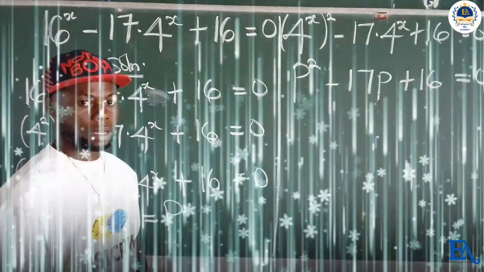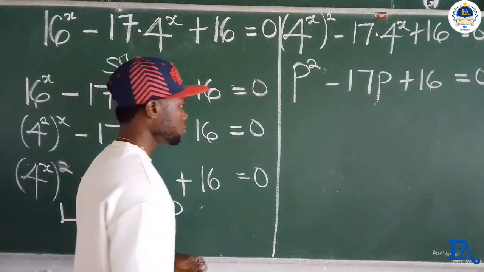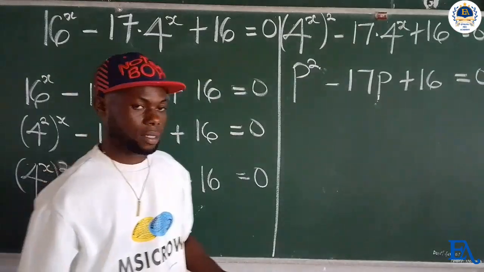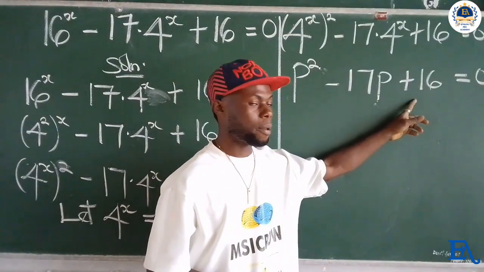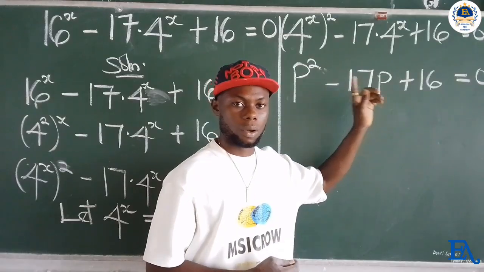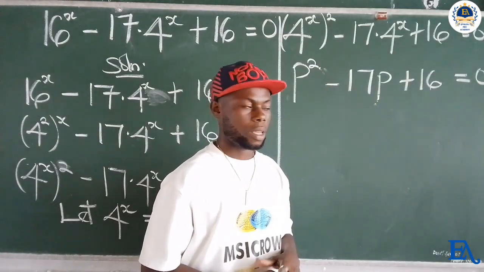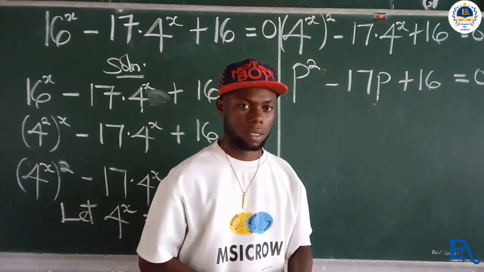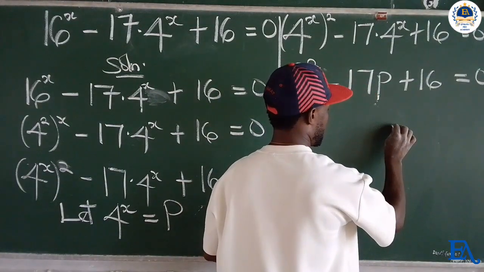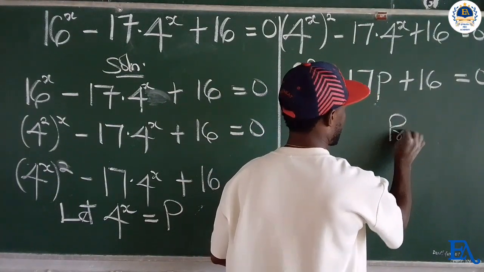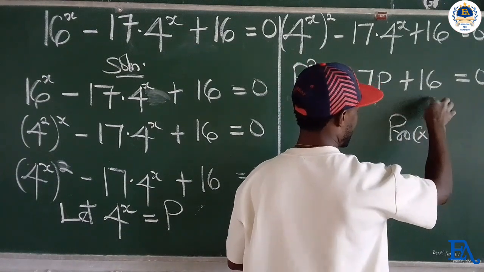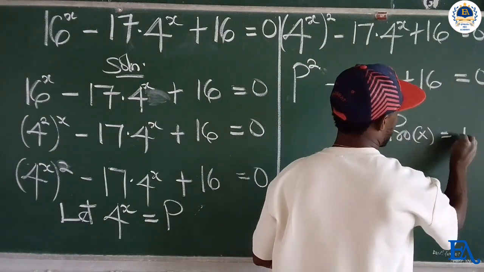Now, using the factorization method, the coefficient of P squared is 1 and the constant term is 16. So we are going to multiply 1 by 16. The product means times. If you multiply 1 by 16, it will give you plus 16.